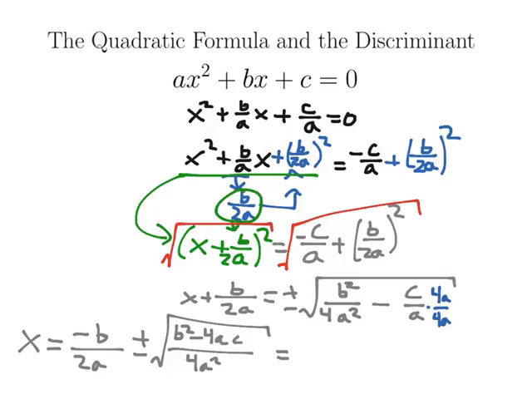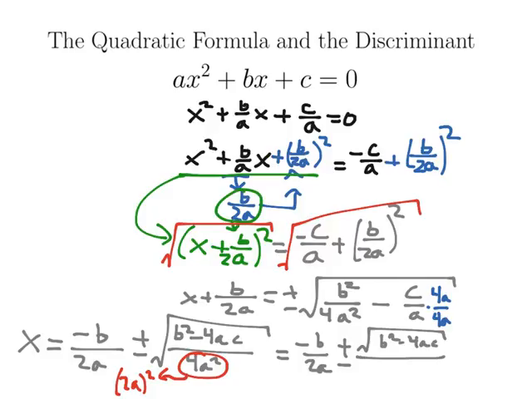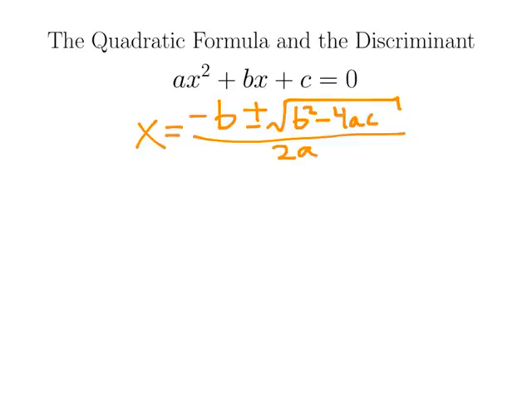Now if I simplify this, because this 4a squared is really just 2a squared, and it's inside a square root, I can rewrite this as negative b over 2a plus or minus the square root of b squared minus 4ac all over 2a.